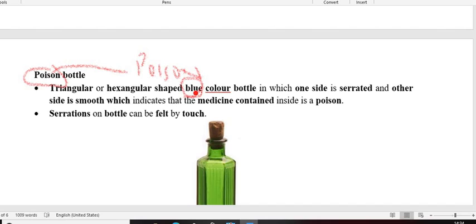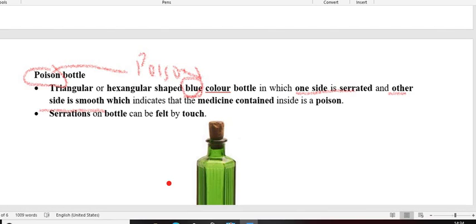However, the poison bottle is blue in color. It may be hexagonal, it may be triangular, and is used to keep poison. One side of this bottle is serrated, and another side is smooth, unserrated, and the serration on the bottle can be felt by touch.